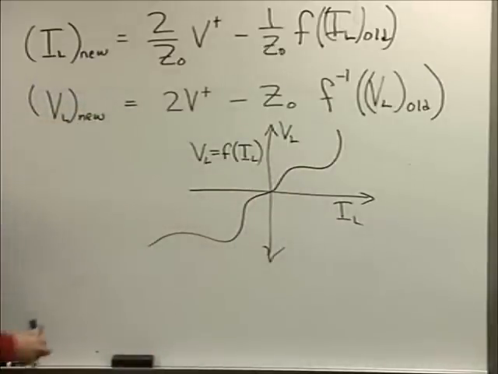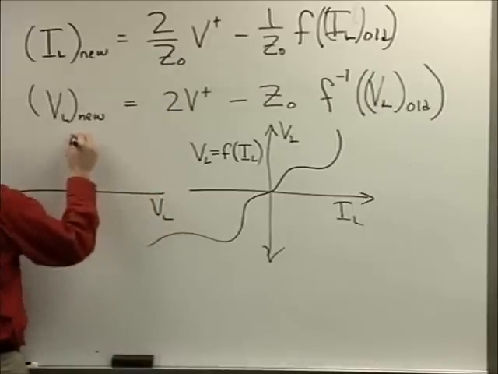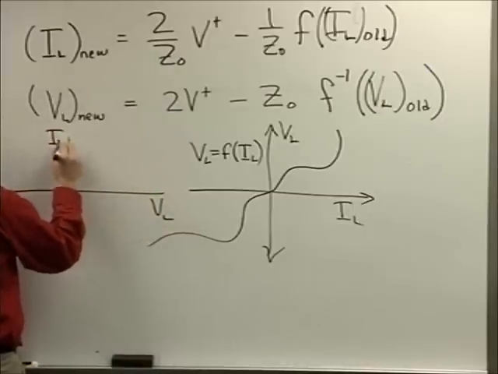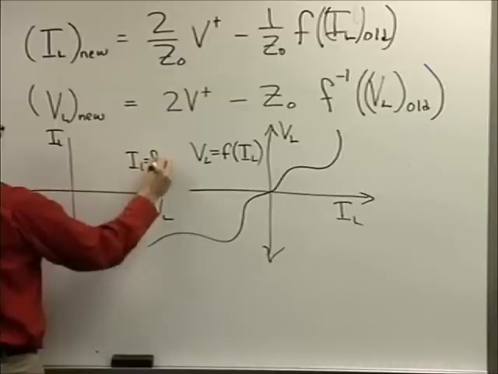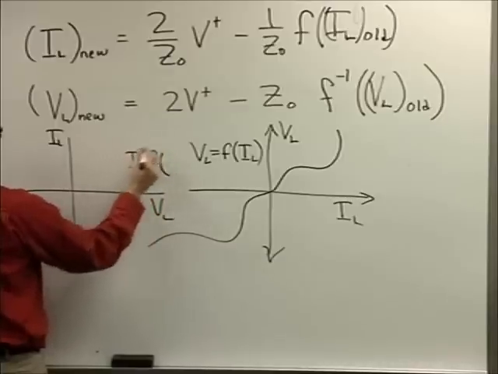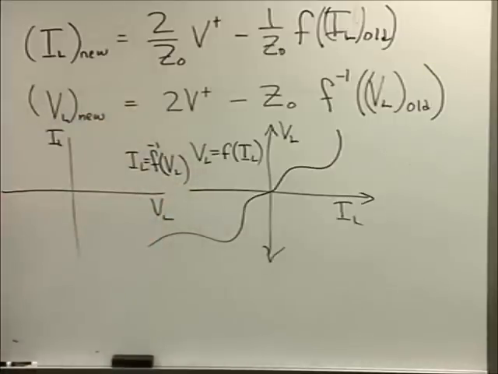In fact, sometimes you'll see VI curves drawn this way, right? Voltage will be here, and I will be here. In this case, I sub L is equal to the inverse of voltage using the conventions that I've graphed out here. What's a good example of a curve that you graph with a VI curve with those axes?